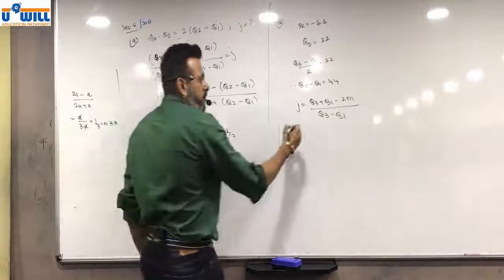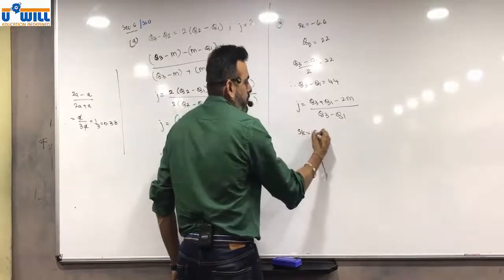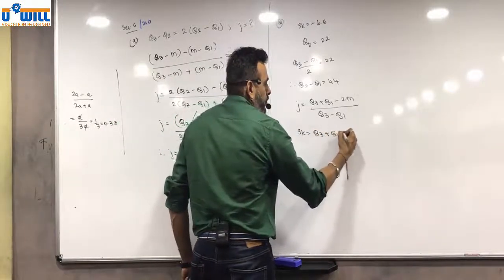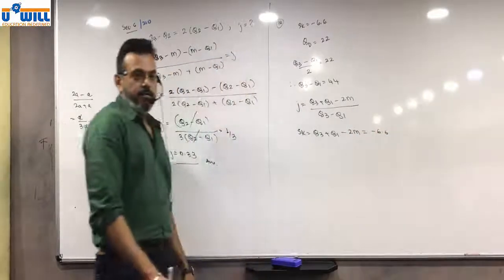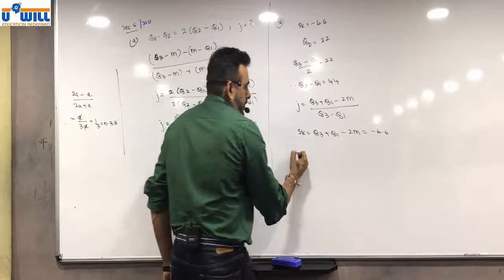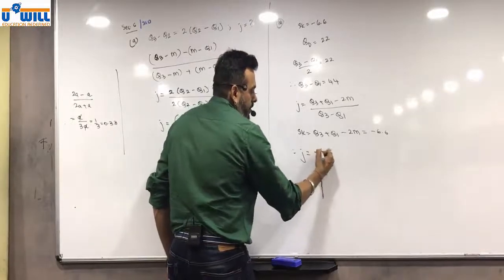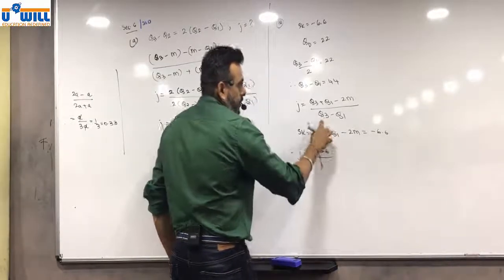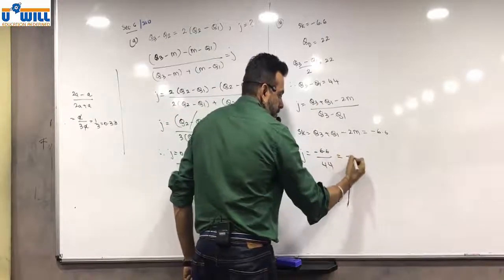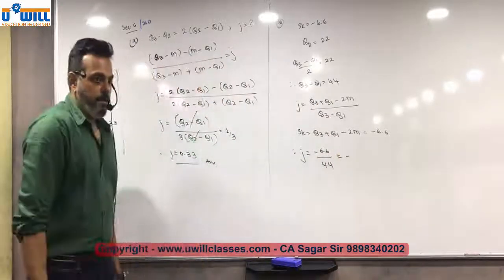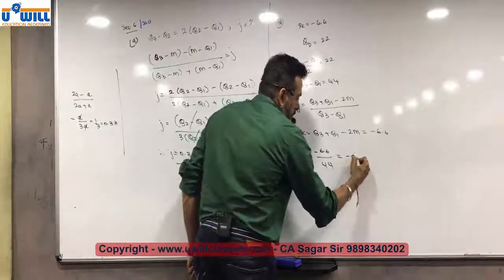Now, skewness is equal to Q3 plus Q1 minus 2M, which is already minus 6.6. Therefore, J is equal to minus 6.6 upon 44, which is 0.15.